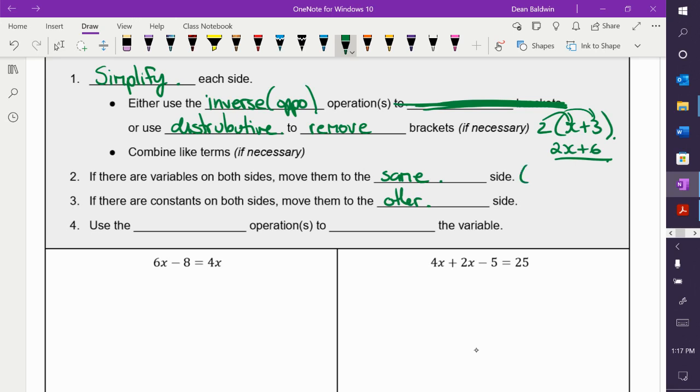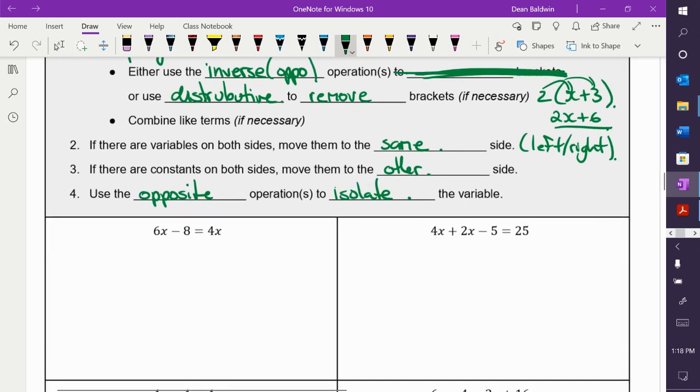So I'll say left and right. And then use your inverse operations. Do you want me to just say opposite? To isolate the variable, which is the whole point of all of this.